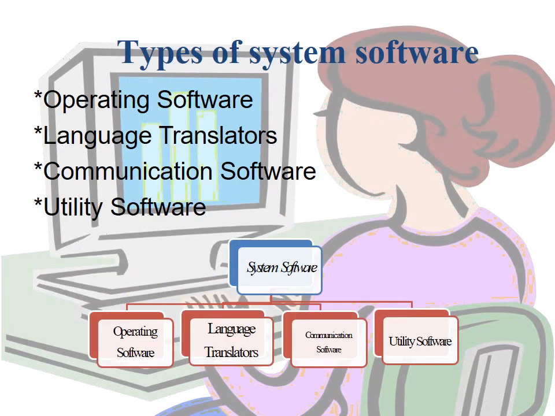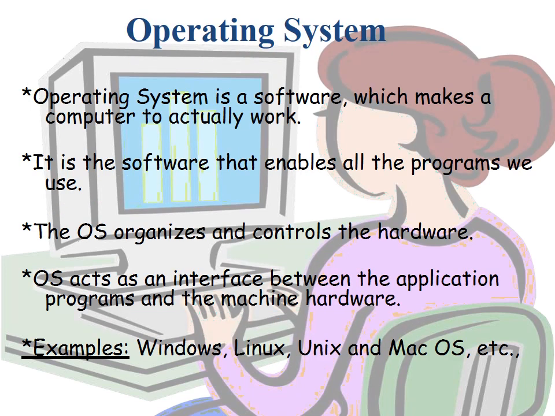And then basically four types of system software. First, operating software, then language translators, third one is communication software, last utility software. Now let us know about all these. So first is operating system.